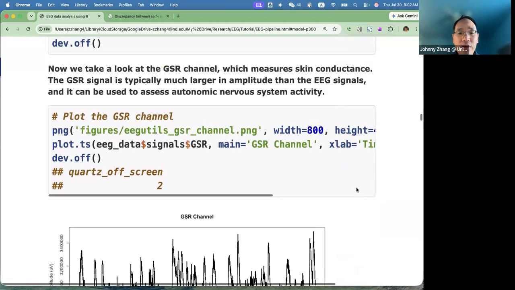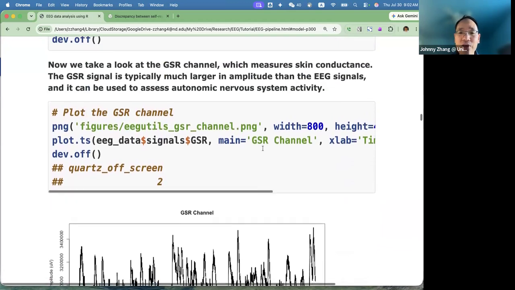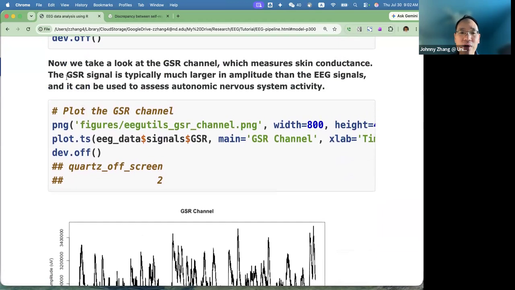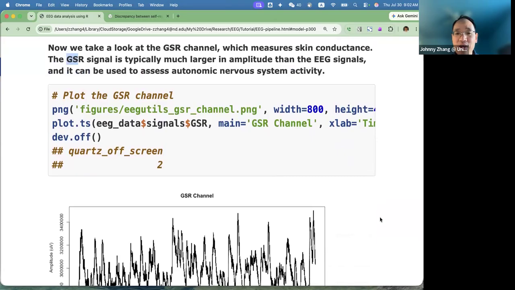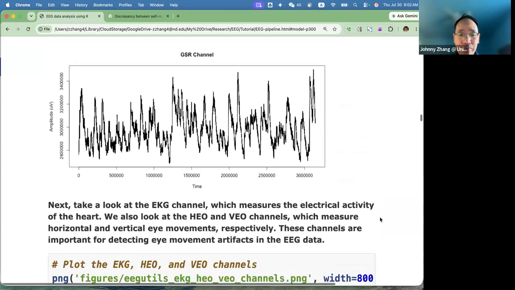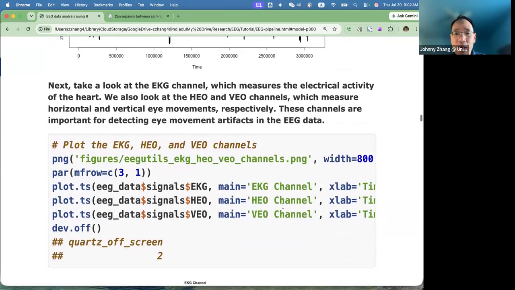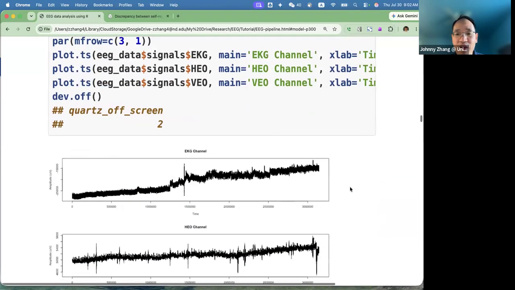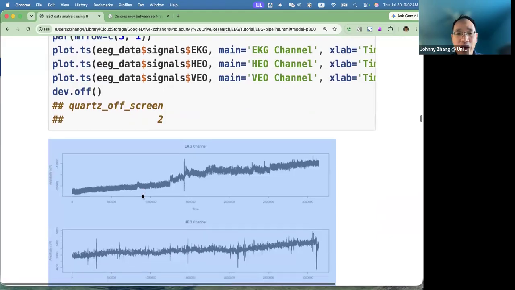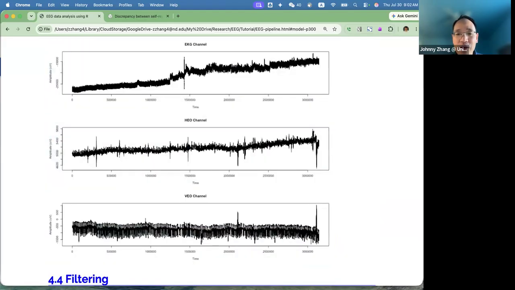Here I also plot other channels. This is GSR, which measures skin conductance. This is a plot of heart rate. It also plots the eye movement, horizontal and vertical.